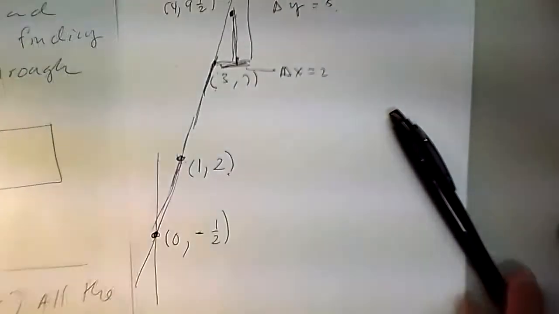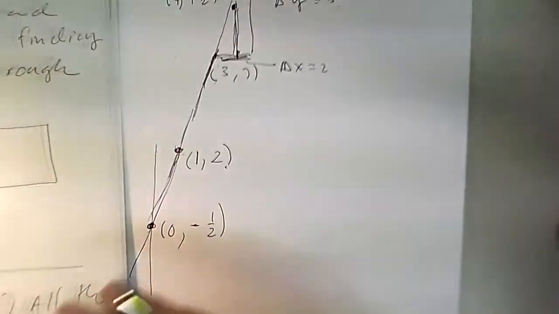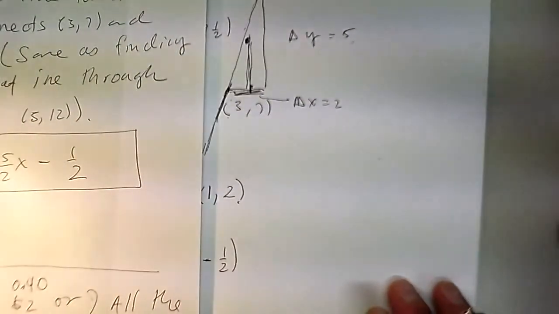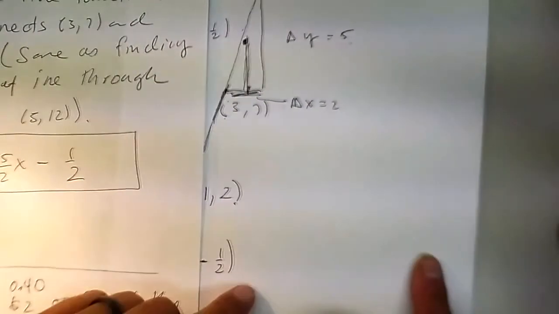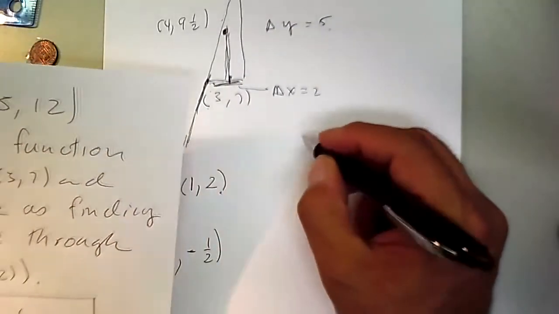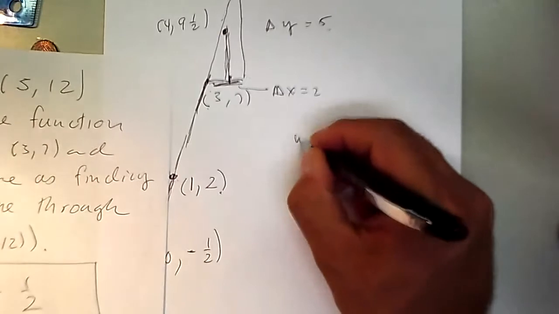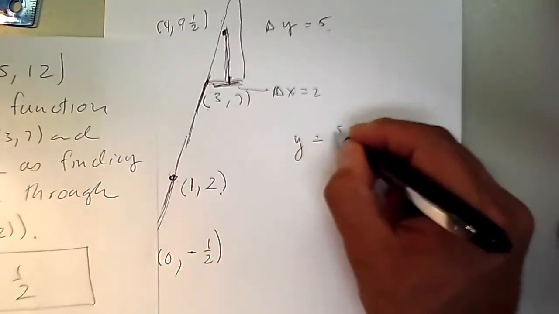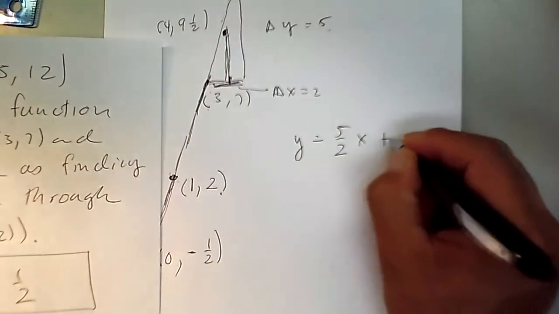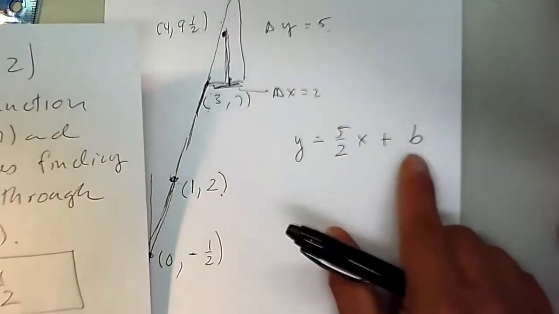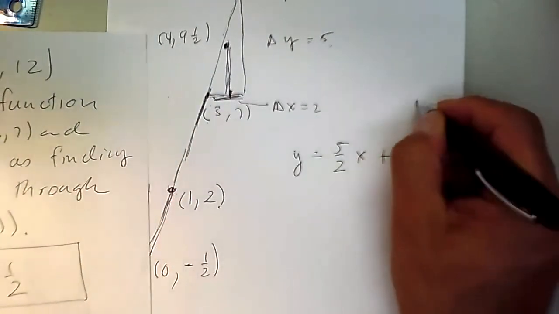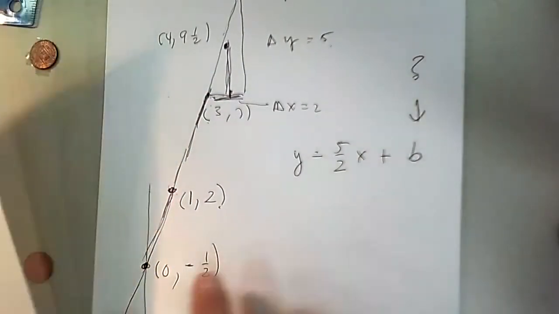Now, you can find in many places how to come up with the other number. So let's go over that real quick. We know that the output is equal to 5/2 x plus a number, and we don't know what this number is, now we do.